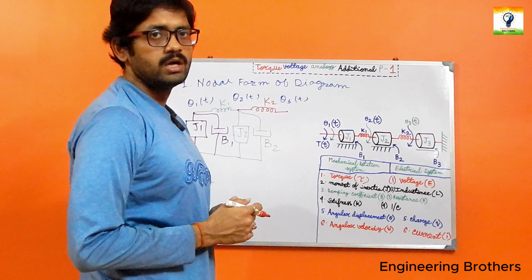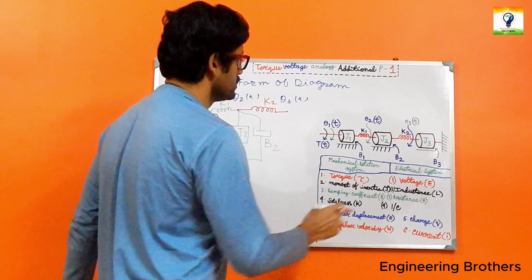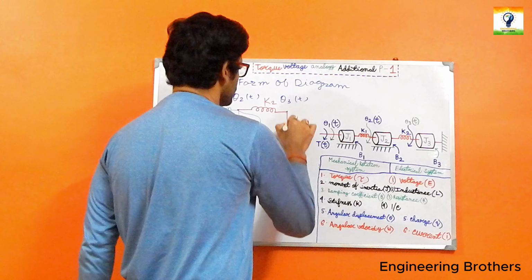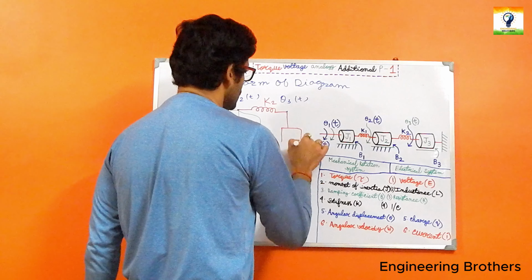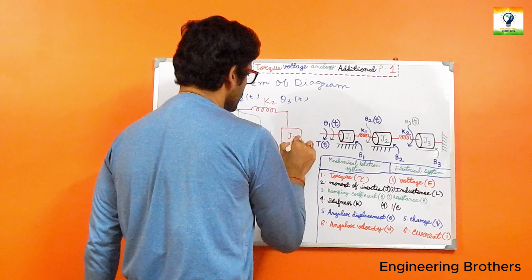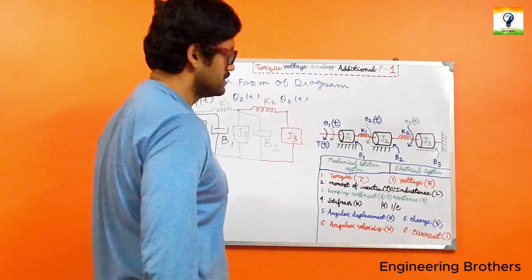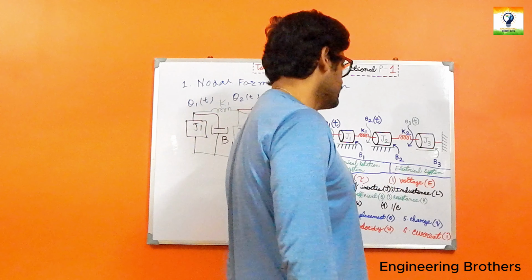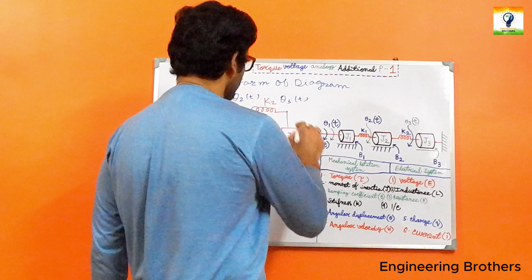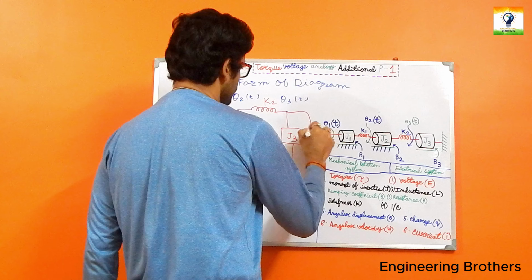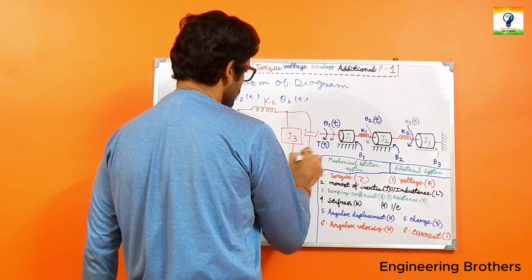Theta 3 is connected with J3, so this is our J3. And last but not least, the frictional element B3 is present, so we are going to include our B3 as well.